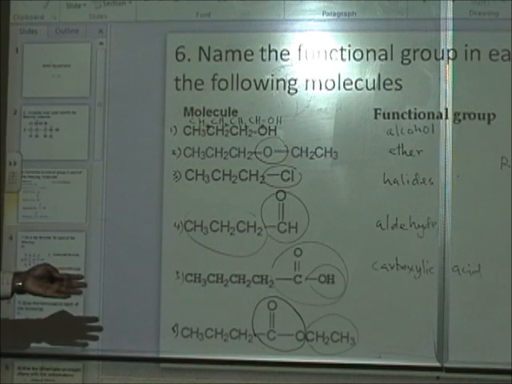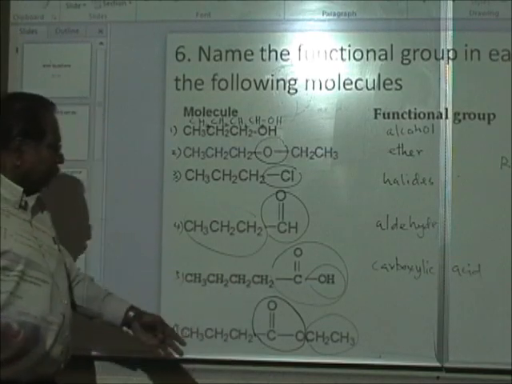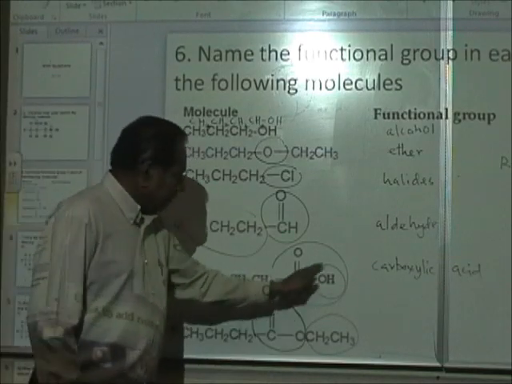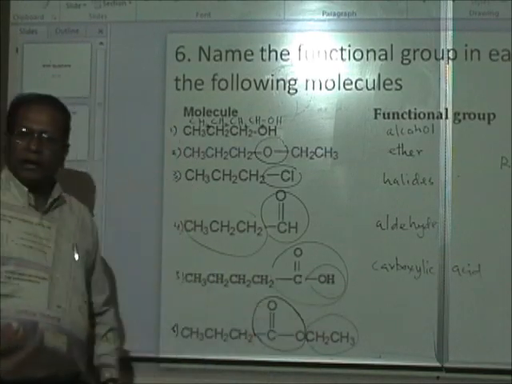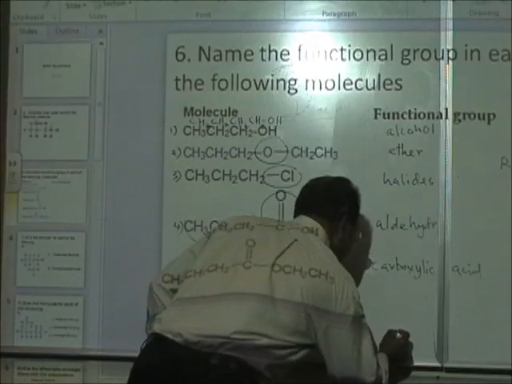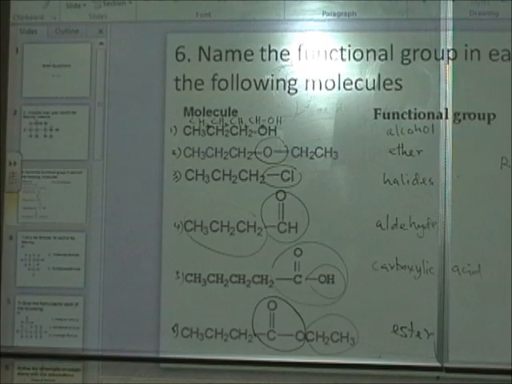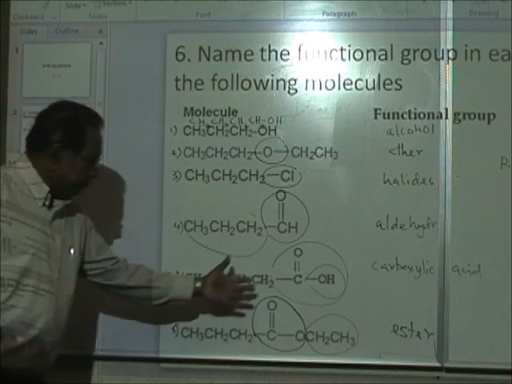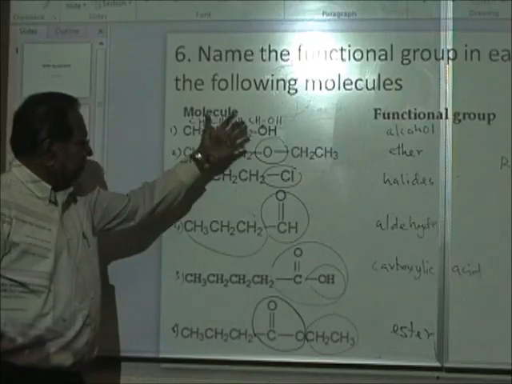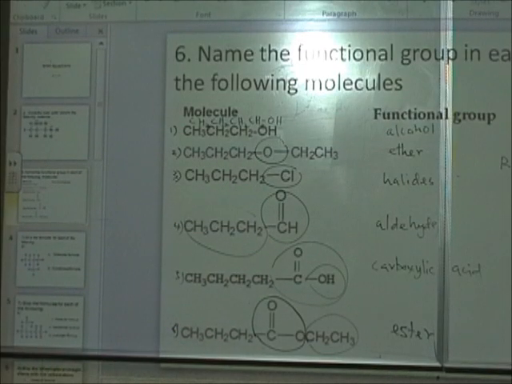When a carboxylic acid reacts with an alcohol, it replaces the OH with the alkyl group. It's called an ester.